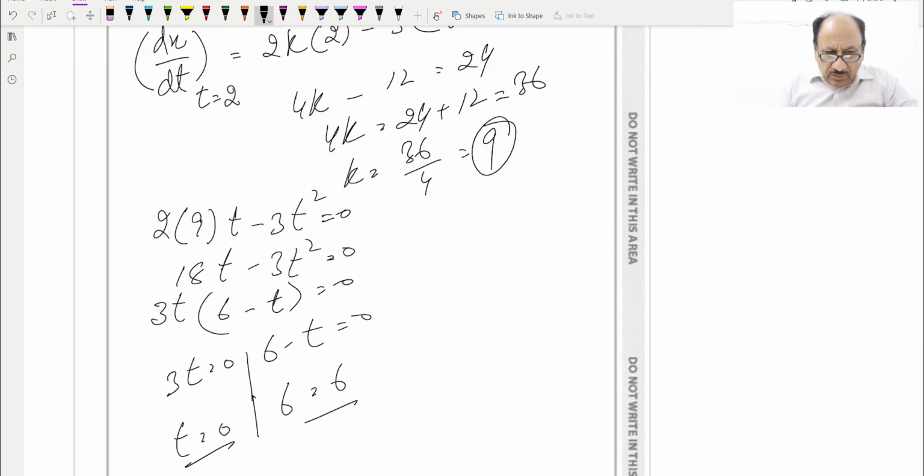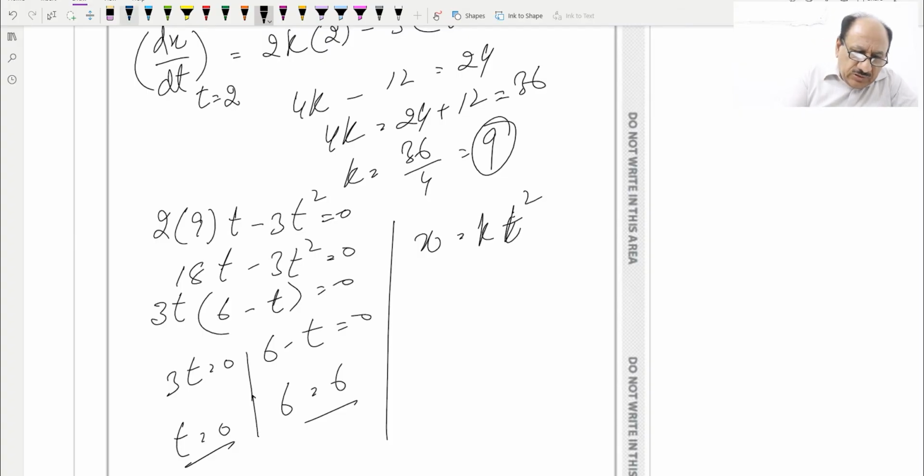Now we can find x. So x will be equal to what? x is equal to kt square minus t cube, and we are replacing t equal to 6. So the k value is 9 and the t value is 6.